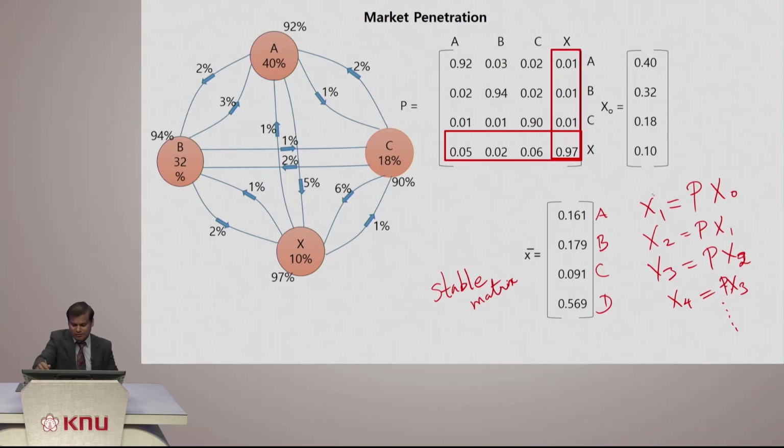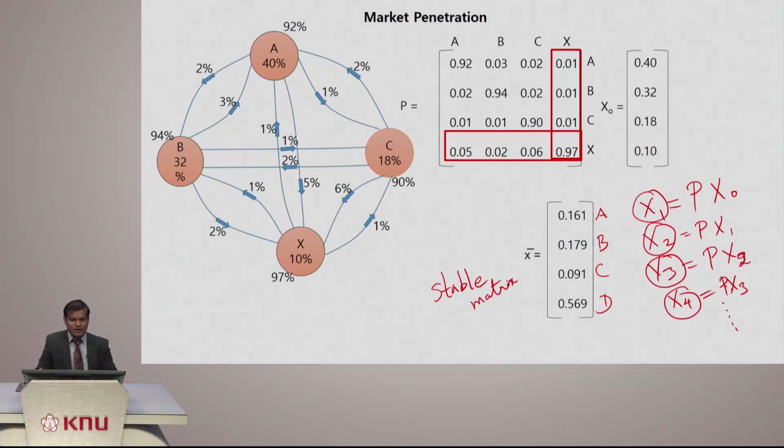Is it referring to a month or a year? Based on the data that we have, you can consider it to be a month, a week, or a year. So anyway, we are talking about next year, next month, or next week. Next is going to be X2, next X3, and so on.